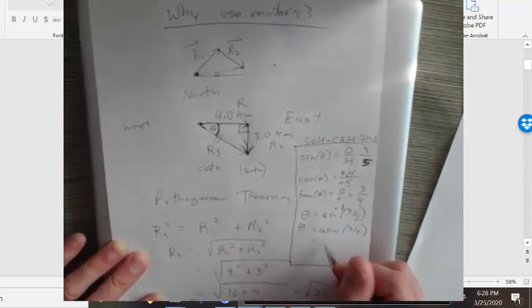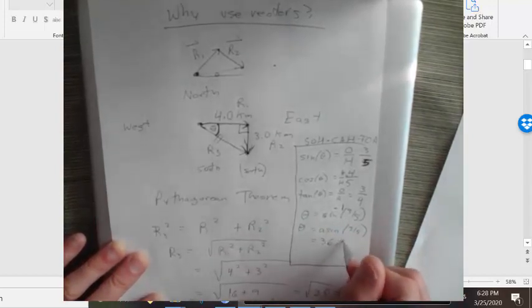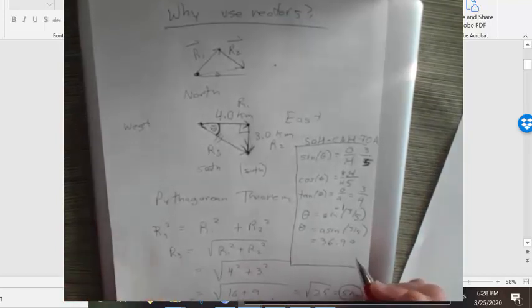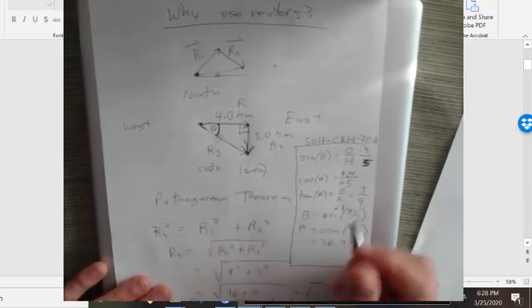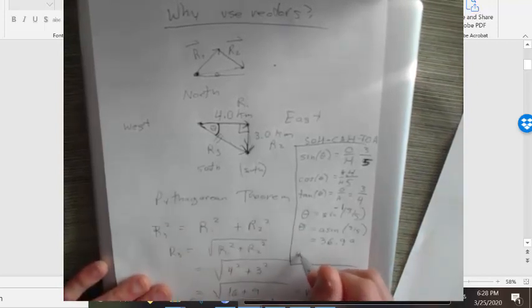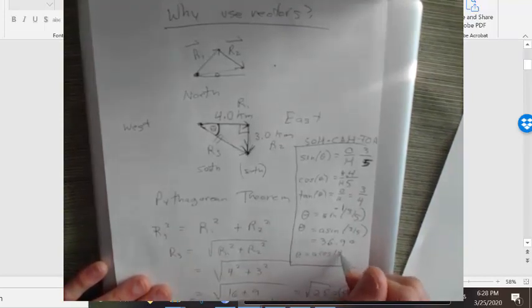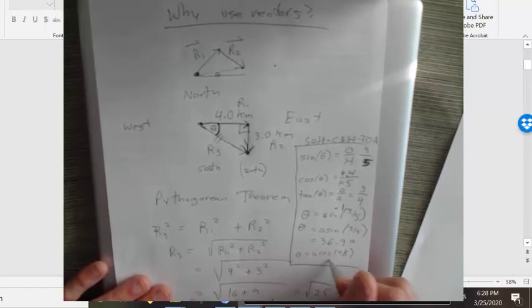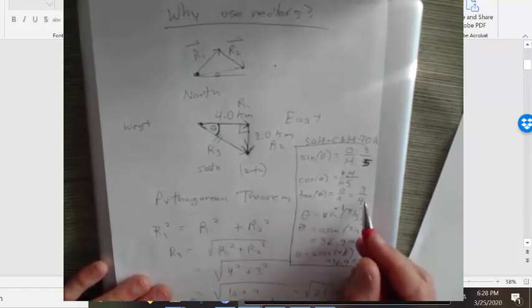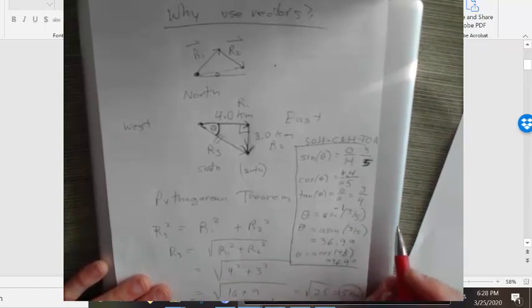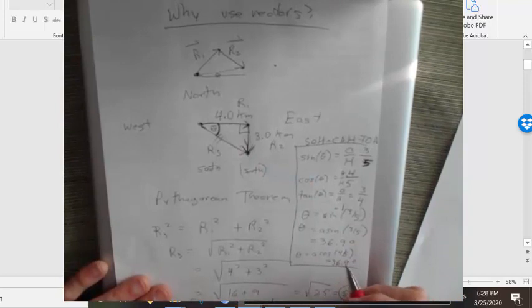And you do that calculation, you should get 36.9 degrees, I believe. All right, so that would be true if you took the inverse cosine of 4/5. You should get the same result. Same thing for the inverse tangent of 3/4. You should get the same result. Okay, so that's how you find that angle theta.